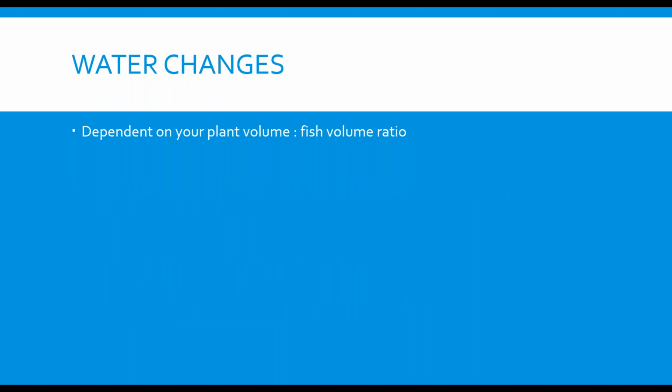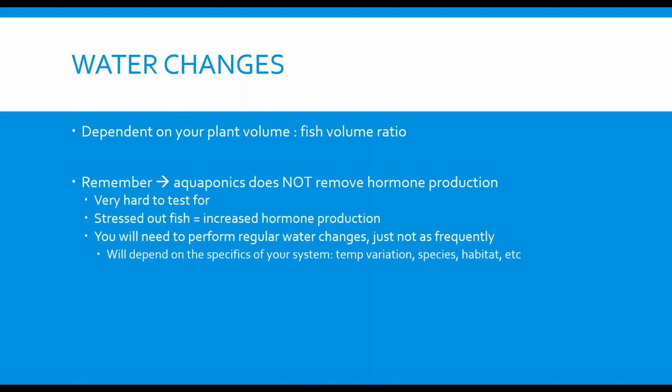Now, water changes. We're doing all this aquaponics in order to prevent having to do water changes. However, the amount you do is going to be dependent on your plant volume to fish volume ratio. And please remember that aquaponics does not remove hormone production from your water, and this is a very hard parameter to test for. However, stressed out fish will have increased hormone production.